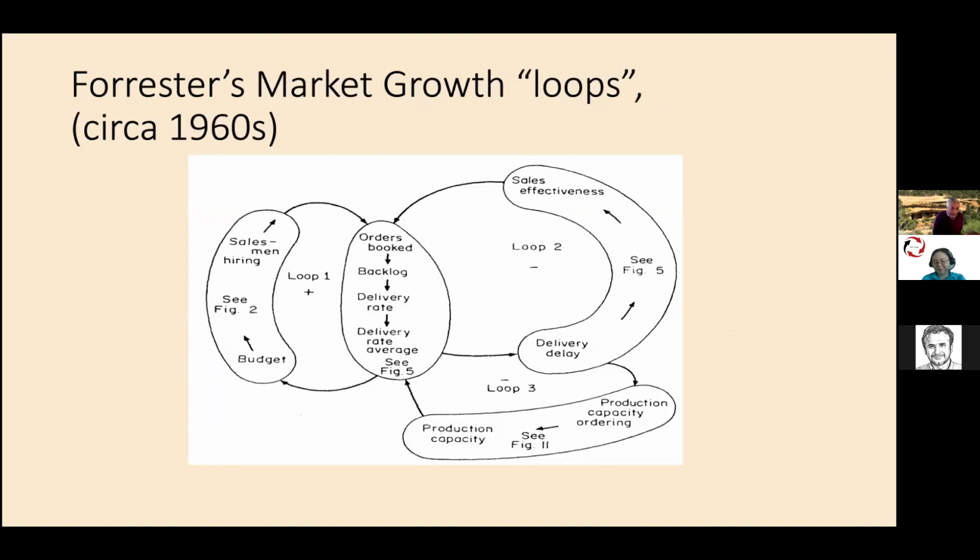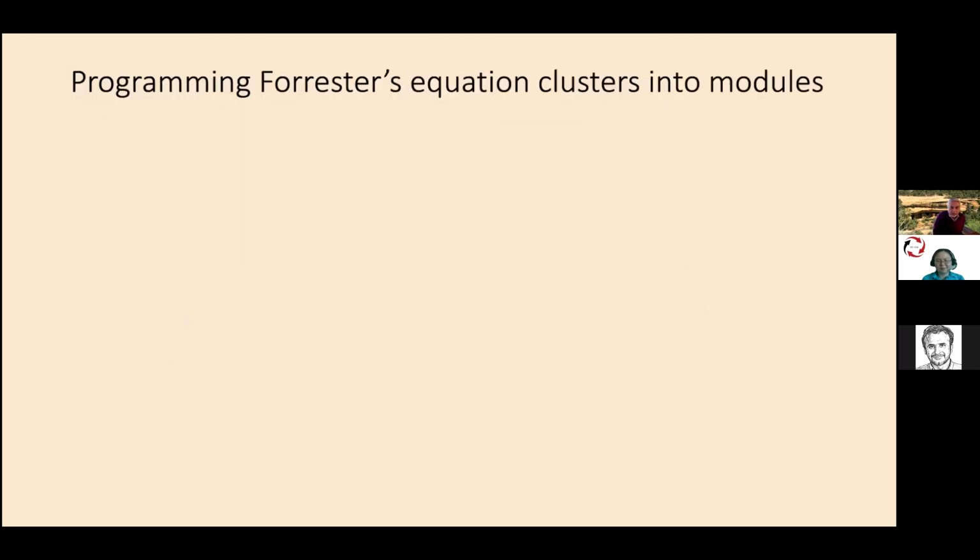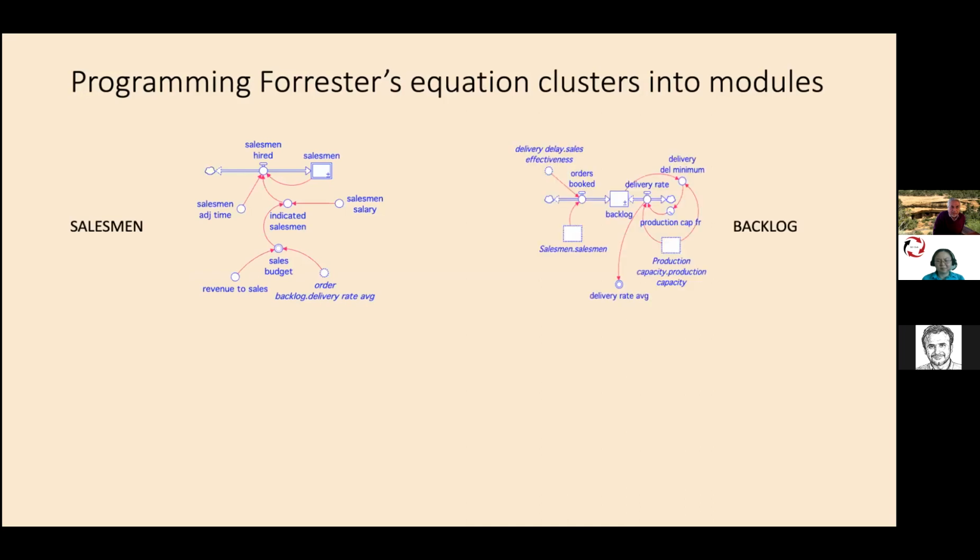And I discussed this map that Forrester, actually young Forrester back in the 50s, created. And what I tried to do was I have his equations in his model, and I just put those equations into modules.